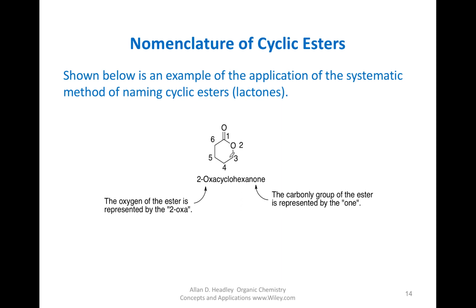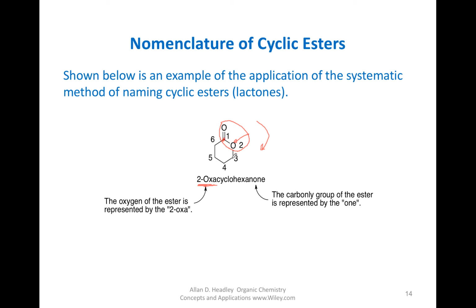So here's one. And here's the ester right here. Here is number 1. So that will be our alkanone portion. Here is number 2. This will be our oxa. So it's always 2-oxa. Notice that, always 2, because you're going in the direction of the oxygen.